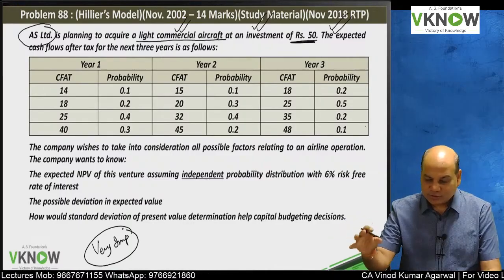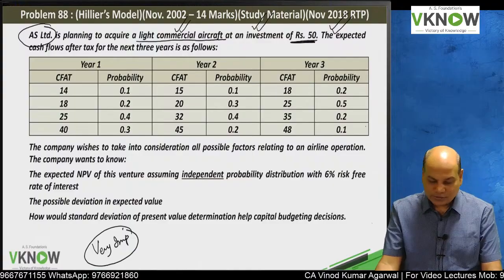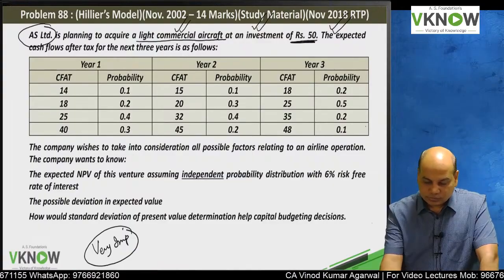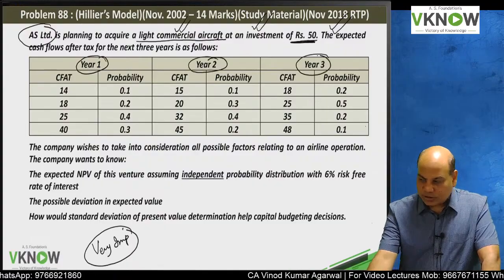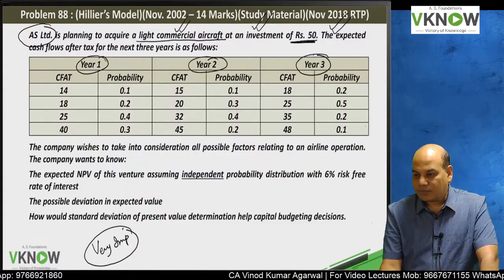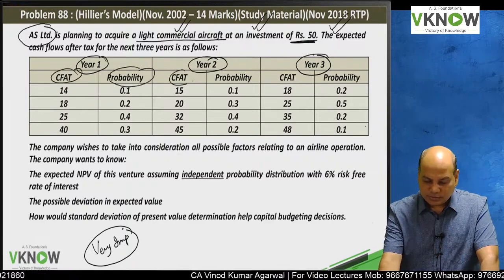Just forget it. Focus on the number. The expected cash flow after tax for the next 3 years is as follows. So here we are given probability distribution of 3 years. You are given cash flow after tax probability for 3 years.